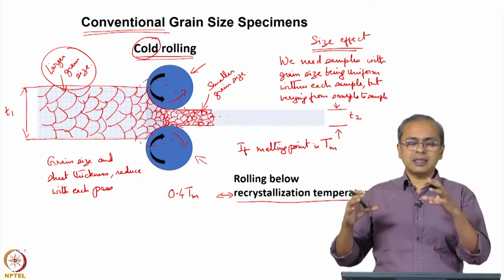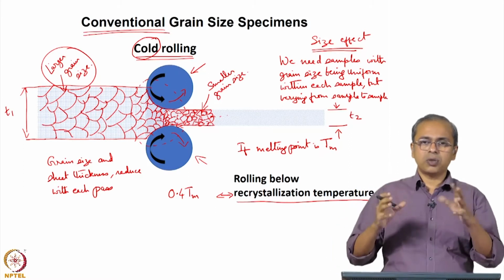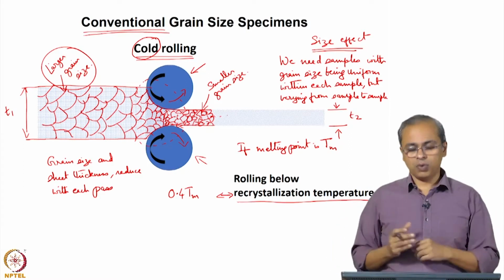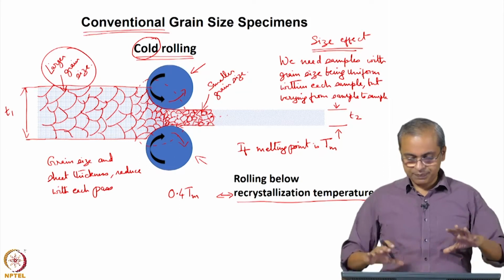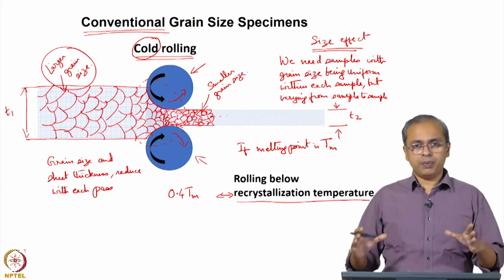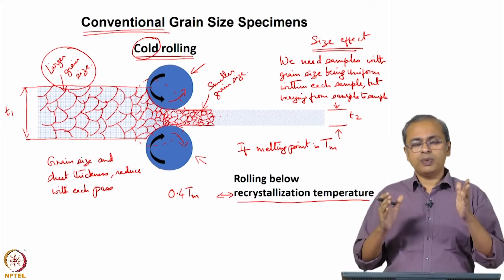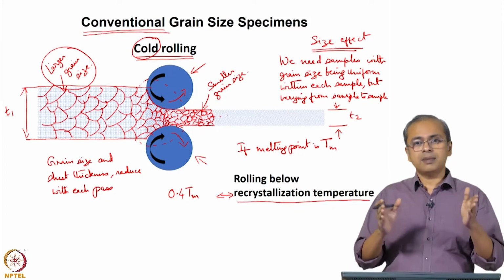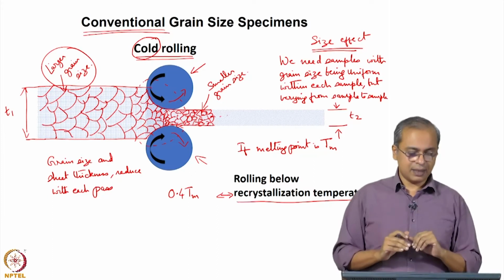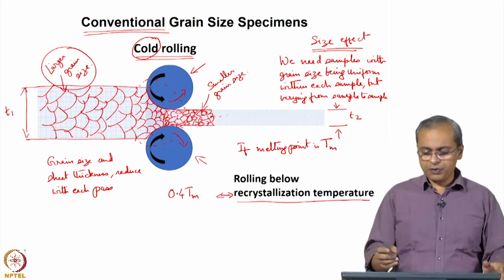Above the recrystallization temperature, the grains recrystallize into bigger grains, and that is why it is called the recrystallization temperature. So, this is the experimental process for getting ourselves some samples with known grain size, but in a relatively larger regime of grain sizes of the order of a few microns.